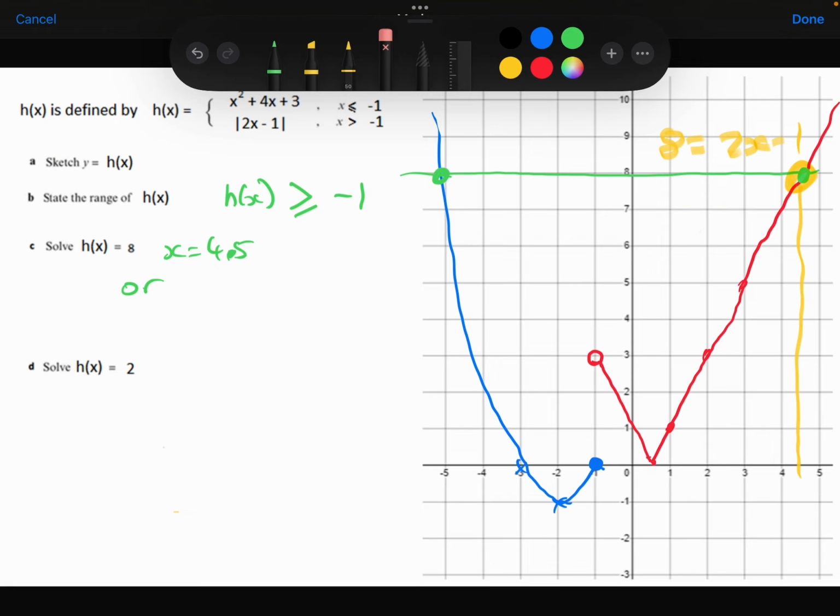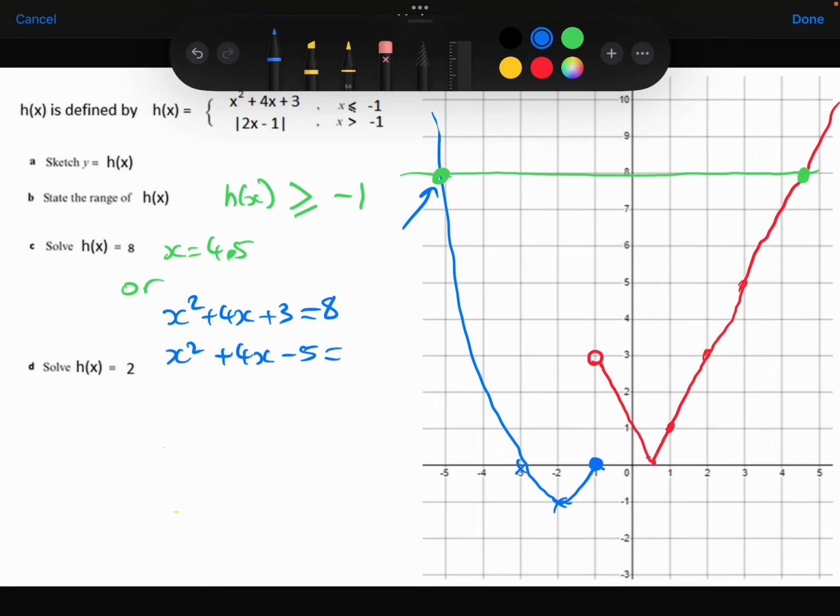Now let's get the other solution, which is where the quadratic was equal to 8. So let's take the x squared plus 4x plus 3 is equal to 8. Subtract the 8 from both sides. And that is going to factorise. We'll have x plus 5, x minus 1.